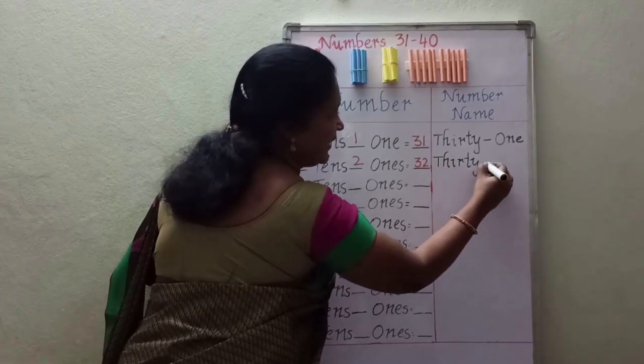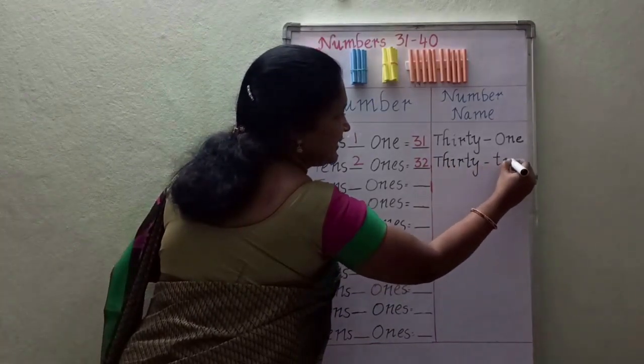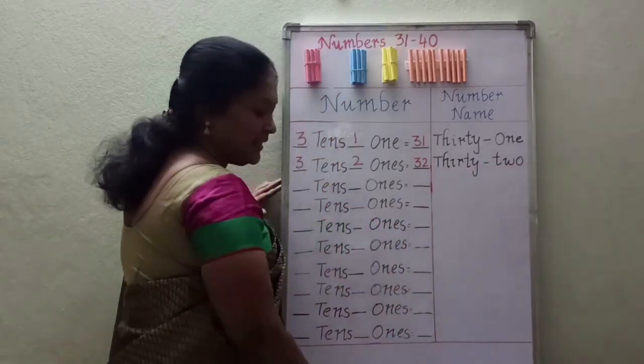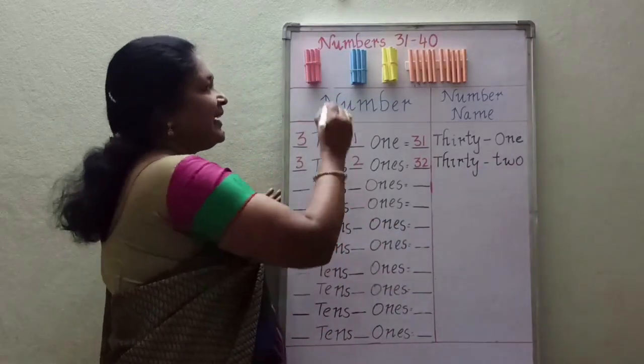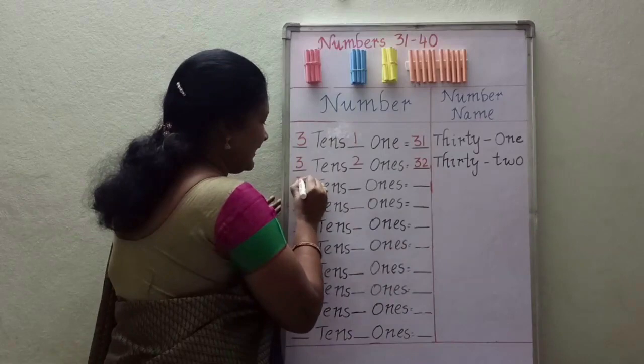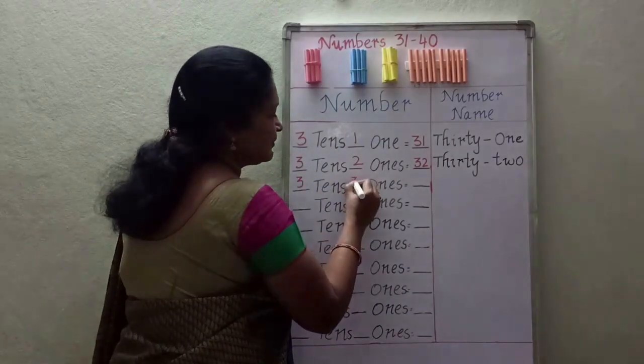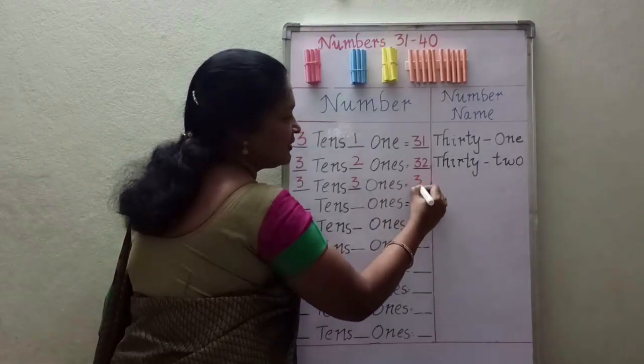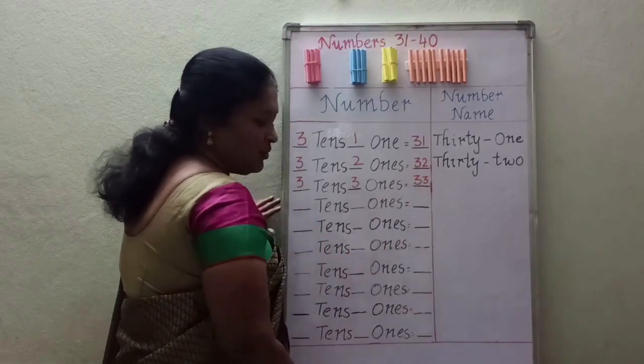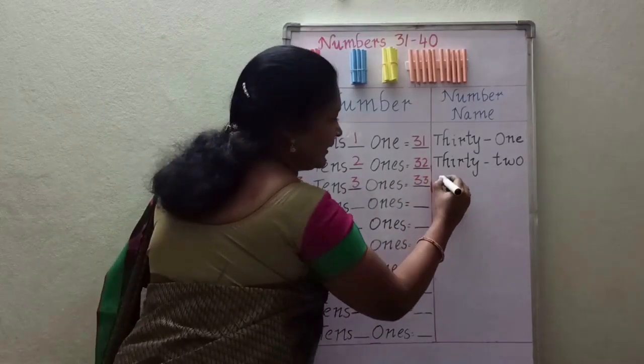T-H-I-R-T-Y, 30. T-W-O, 2. 32. And next, 3 tens and 1, 2, 3. So 33. What is the spelling of 33?